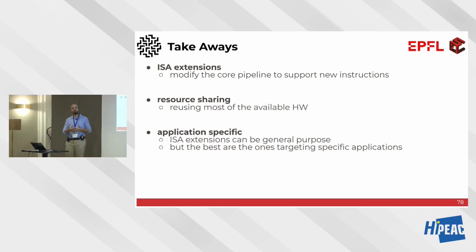We discussed how these extensions have been defined. I want you to take home that it's not about just adding an instruction, but it's a hardware-software co-design exercise. When you actually deal with real hardware, you want to be careful of the resources you're adding and be smart in optimizing your data path. And of course, when you're adding extensions, you always need to have a look at your context.